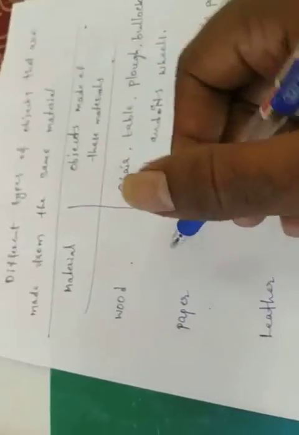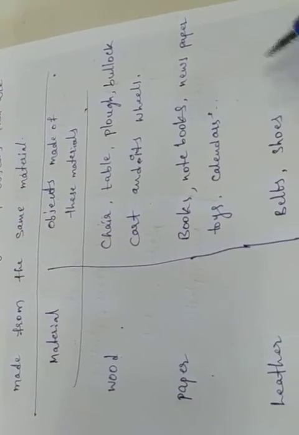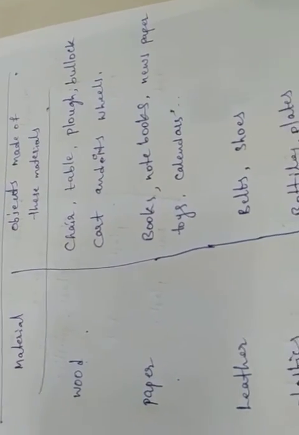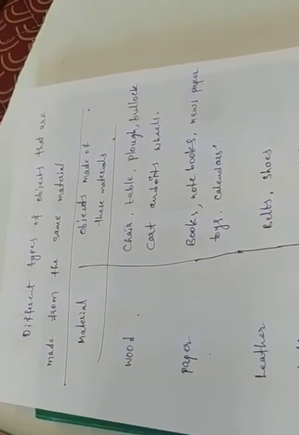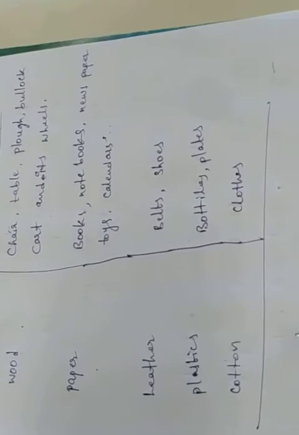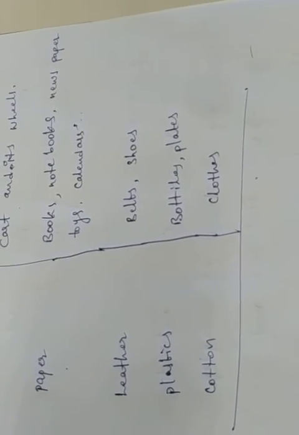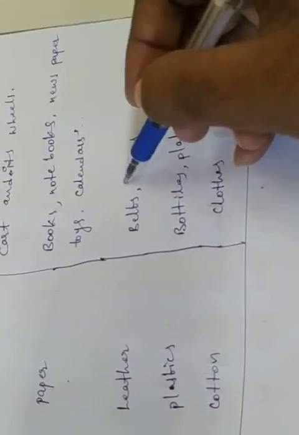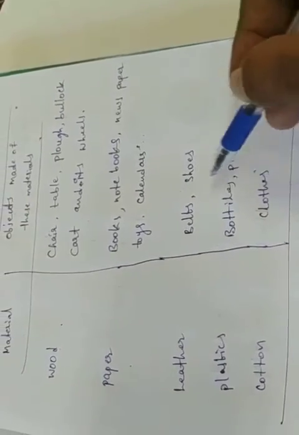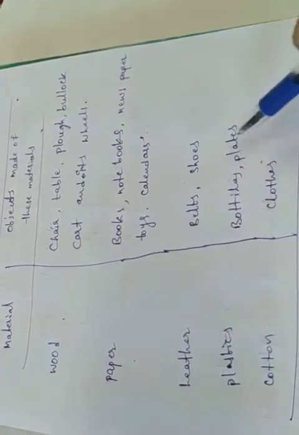You can take some more materials around you and the objects we can prepare with them. This is the activity of different types of objects that are made from the same material.